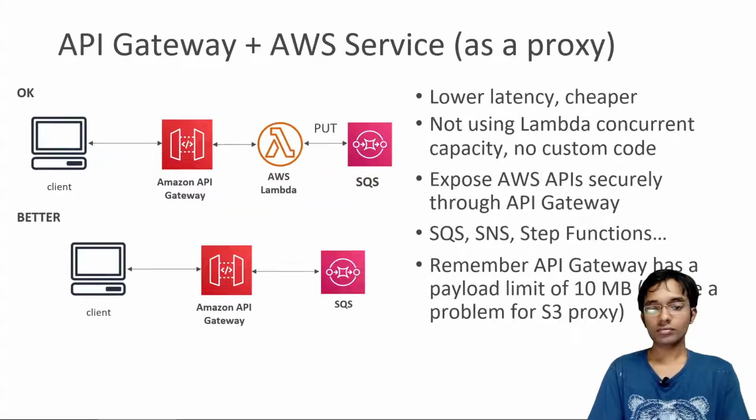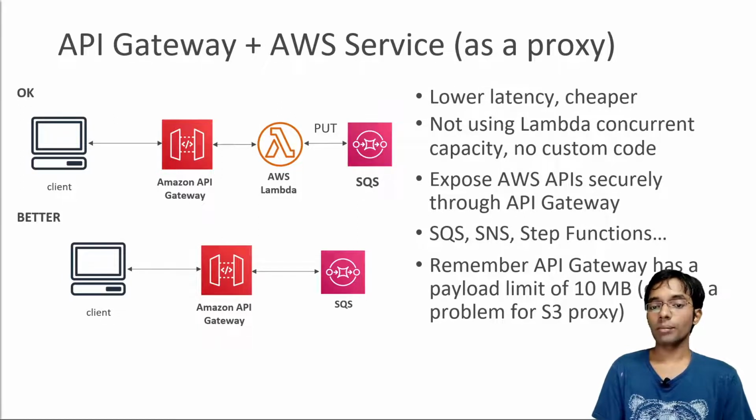Finally, we see the API Gateway can also be used with AWS services as a proxy. The architecture for understanding this would be the following. It's not the best where you have the client, API Gateway and then Lambda, and Lambda will be, for example, putting a message into an SQS queue.